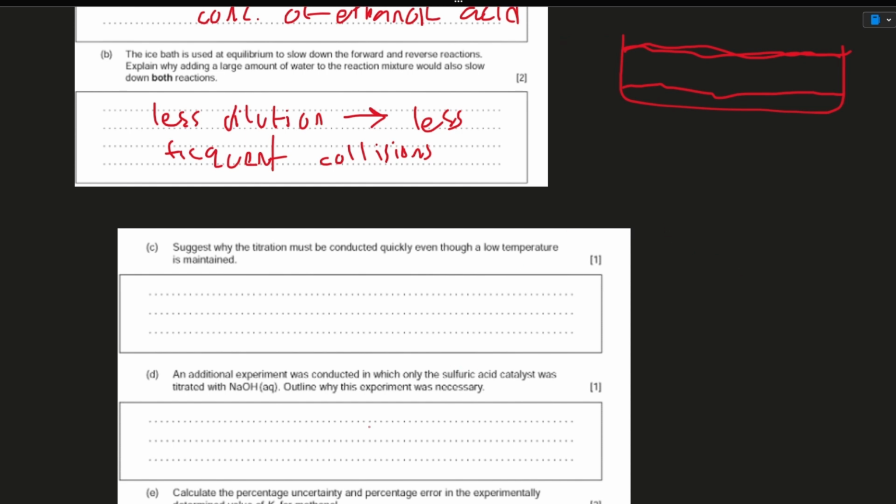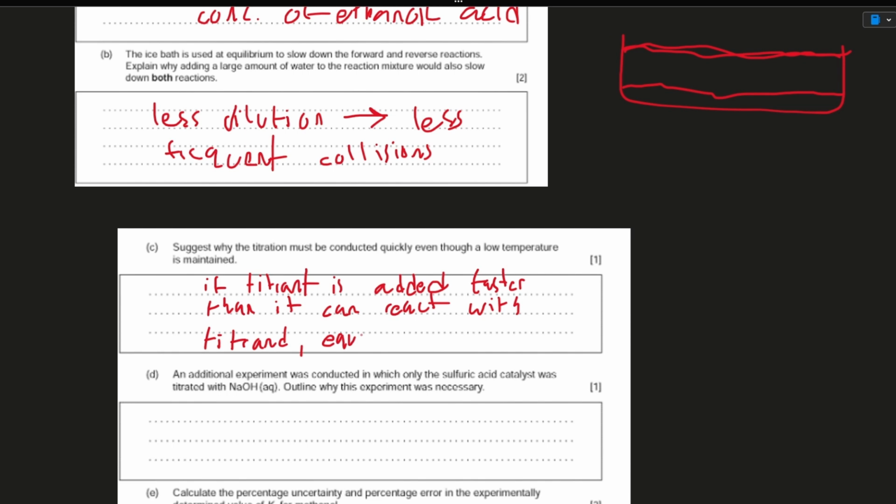So we can say here that if titrant is added faster, then it can react with titrate, then equilibrium will shift.